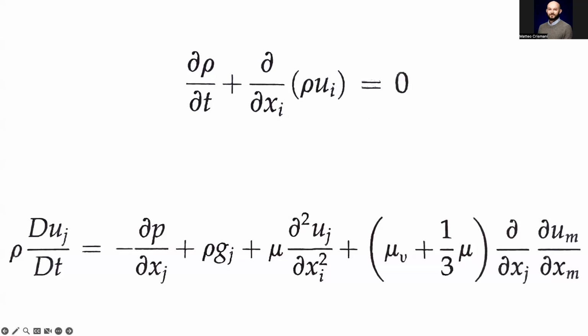If I stand on something versus stand on something in a high heel, there's a higher pressure in the high heel because the area is smaller and it's the same amount of force. So this looks like an F over A. And this is an F over A divided by a length. So this is an F over volume. So this is a per volume quantity as well, right? This is the force per unit volume, right? And these are all mass per unit volume, per unit time, right? Weird, right? Okay.